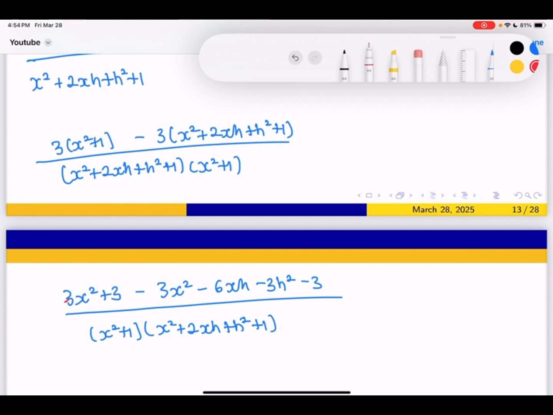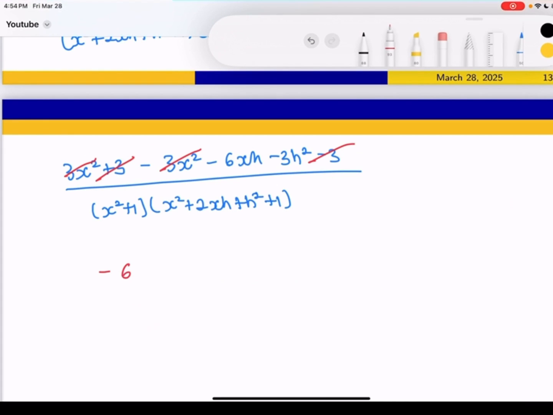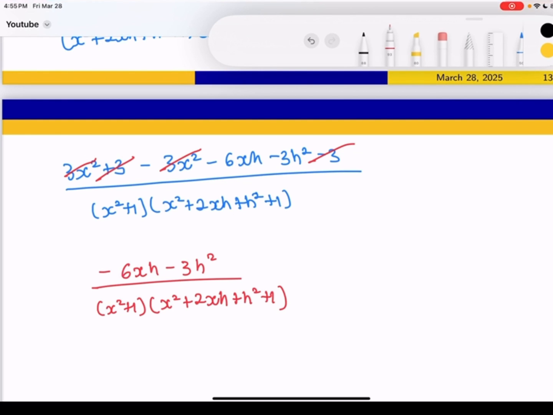Here this will cancel out and 3 will also cancel out, so it will be left with minus 6xh minus 3h squared divided by the denominator. So this is the expression for the numerator.